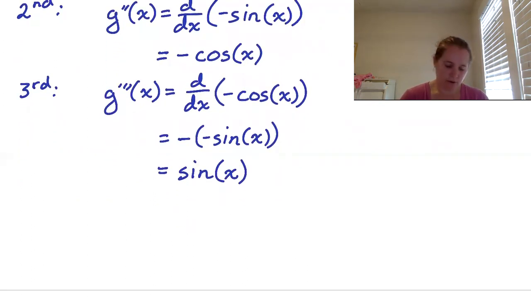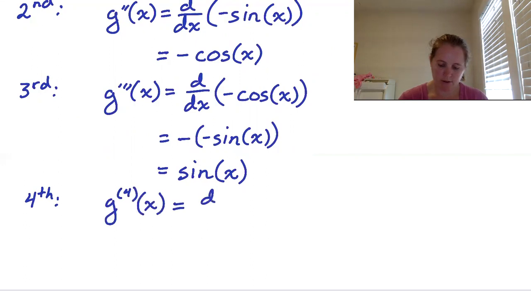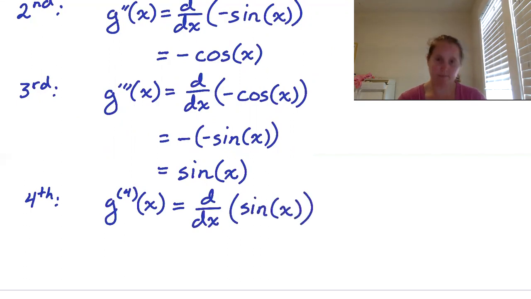We take the fourth derivative, and we have the fourth derivative of x is equal to the derivative of sine of x, which is cosine of x.